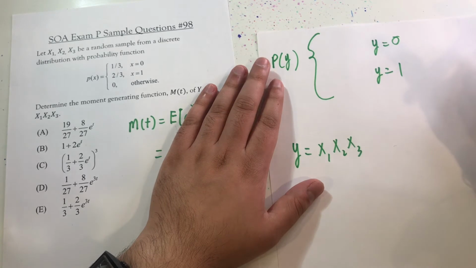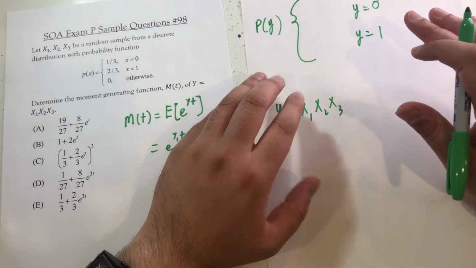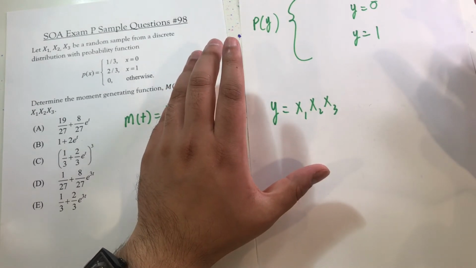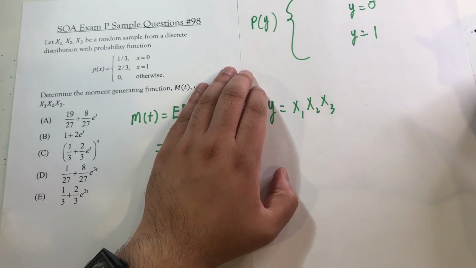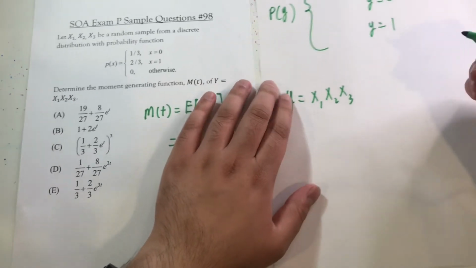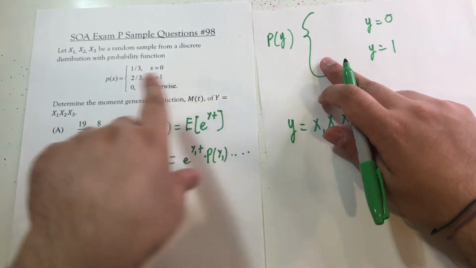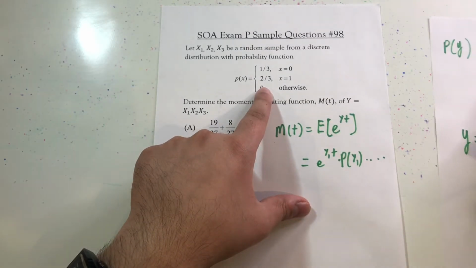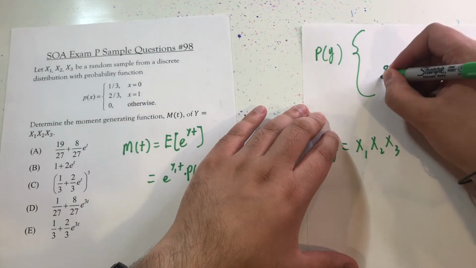The only situation where Y equals 1 is where X1, X2, X3 are all 1. What's the probability that X1 and X2 and X3 are all 1? Well, that should just be their product. So it's going to be 2 over 3, the probability of each, to the third, which is 8 over 27.